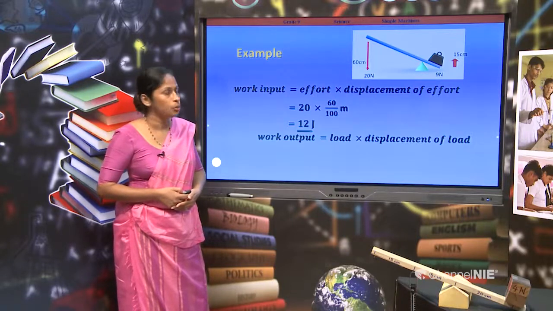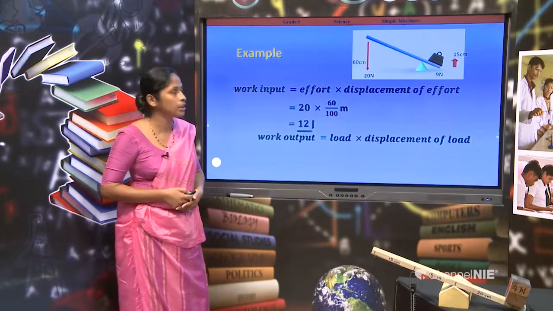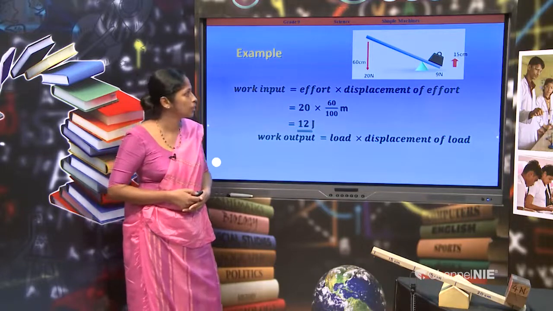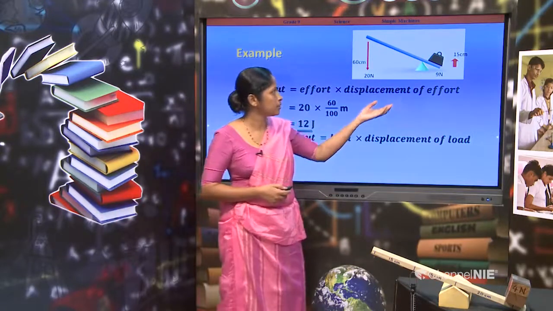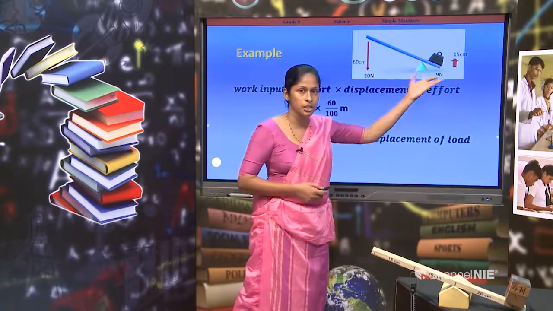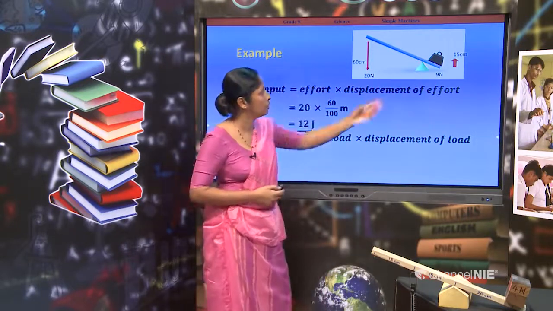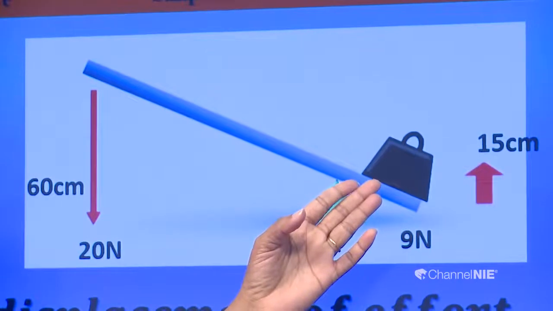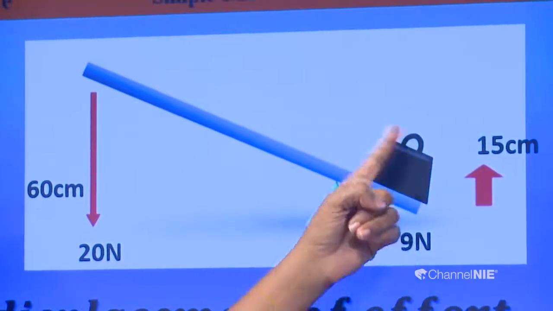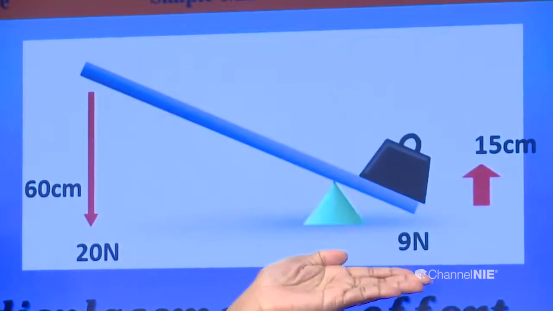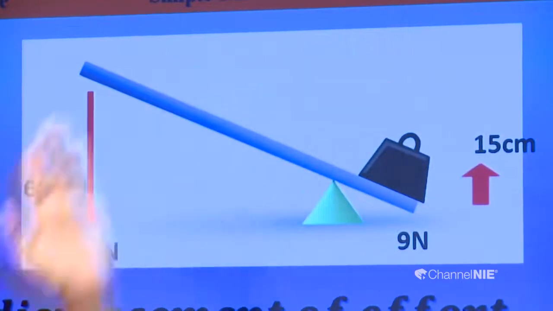Same way we can calculate work output. Work output means work done by the machine. What is the work done by the machine? The load is lifted to a 15 centimeter height.